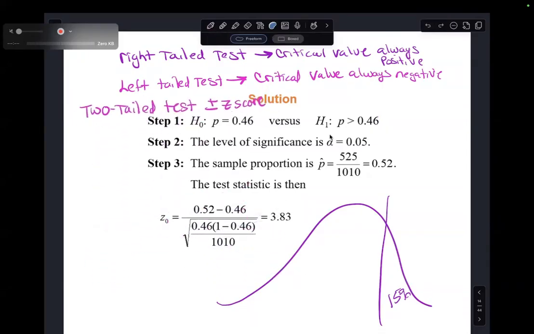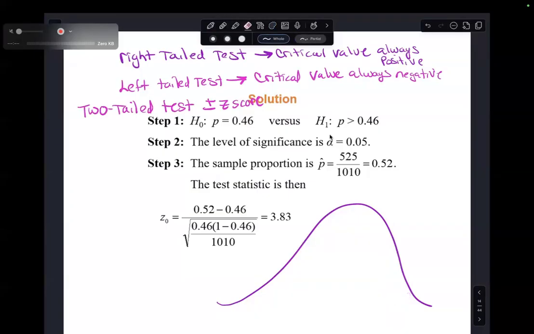There we go. Okay. So I'm going to do a two-tailed now. Let's still say we want 15% for our significance level for a two-tailed test.